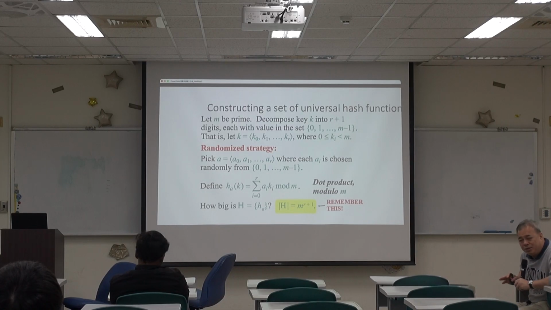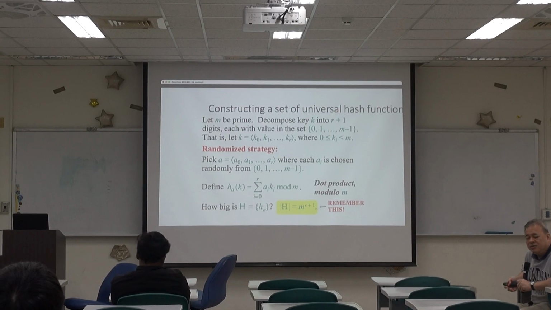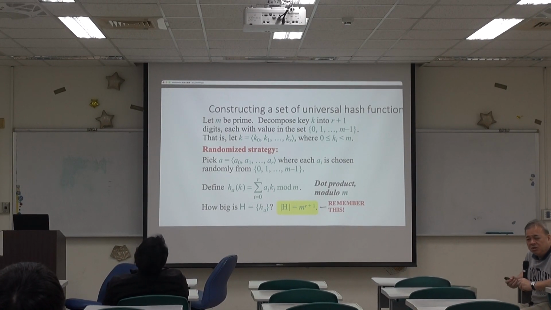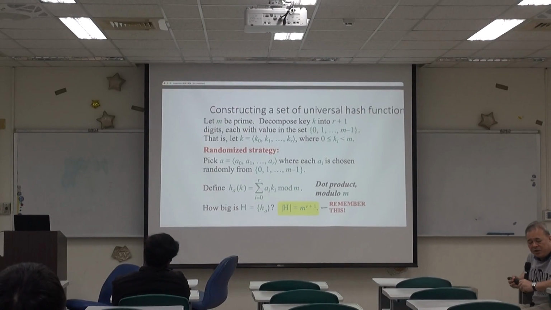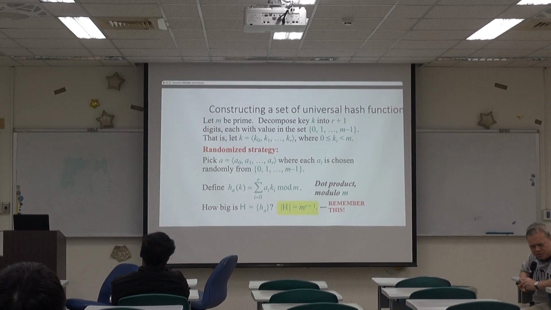Because universal hashing is so nice and has a good property, we need to know how we can construct such a universal hashing, right?